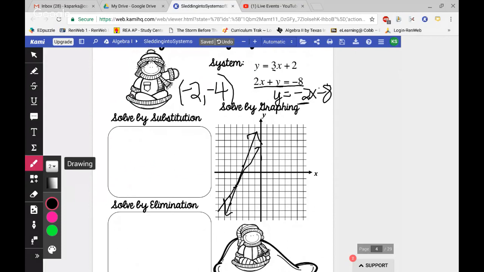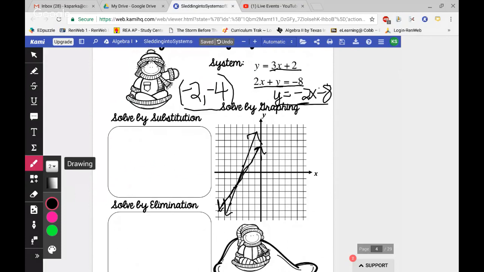How? Because you put this in slope intercept form. Y equals 2. And then you graph this one, and it's already in slope intercept form. So it's actually going to cross right there, and that's how you do it.